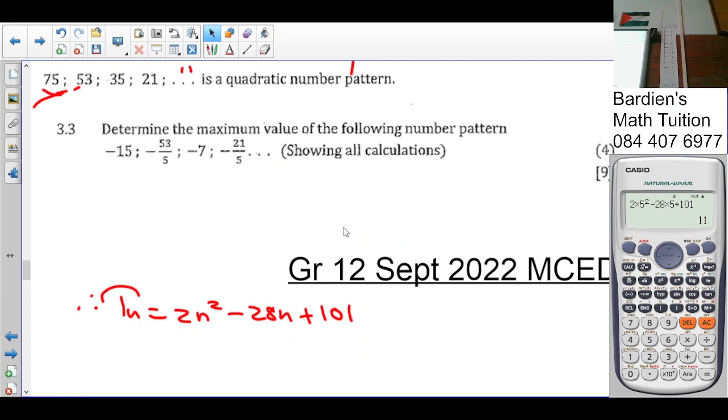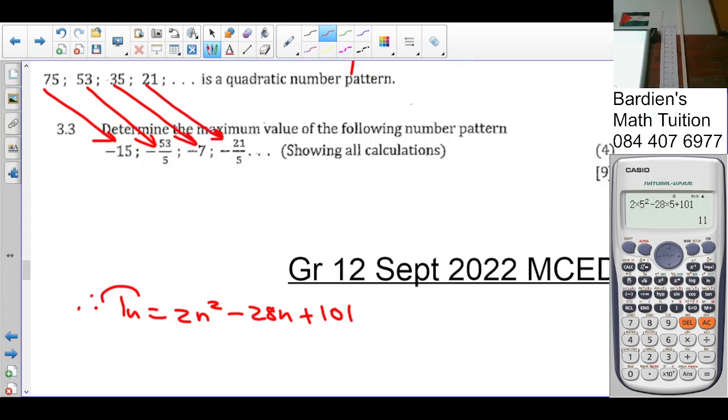And what is the link? From 75 to negative 15, I'm actually dividing it by negative 5. Can you see that? 53, and these are the giveaways, 35 divided by negative 5 is negative 7. 21 divided by negative 5 is negative 21 over 5. Did you see that?